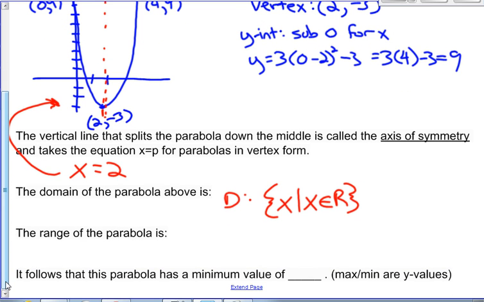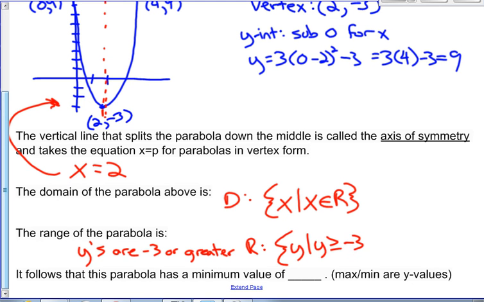So y's are negative 3 or greater. The range is the set of all y such that y is greater than or equal to negative 3, and y belongs to the set of real numbers.